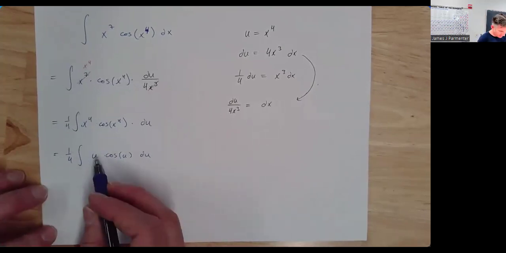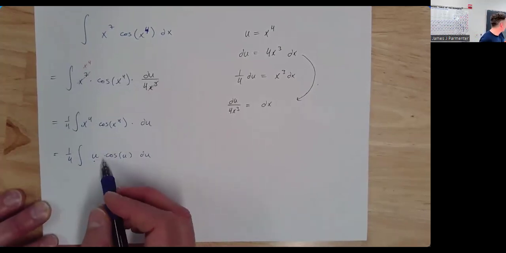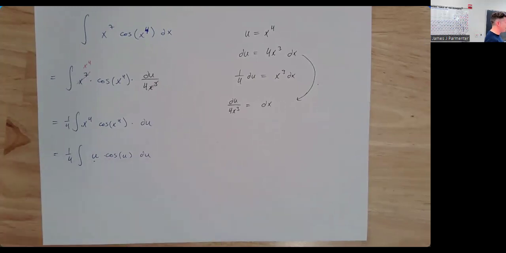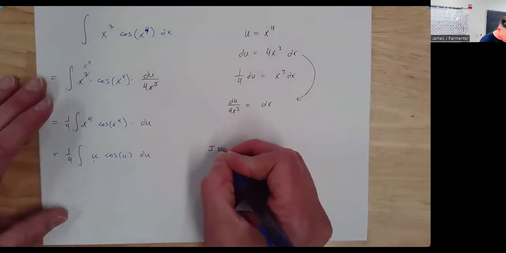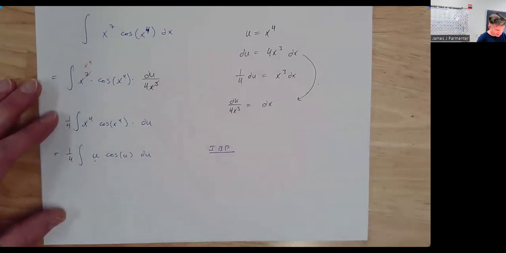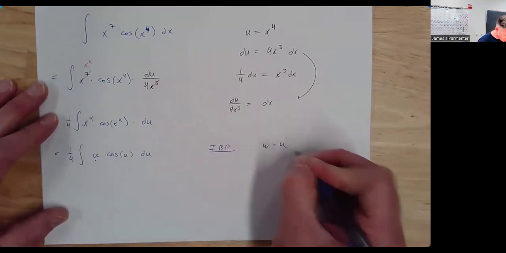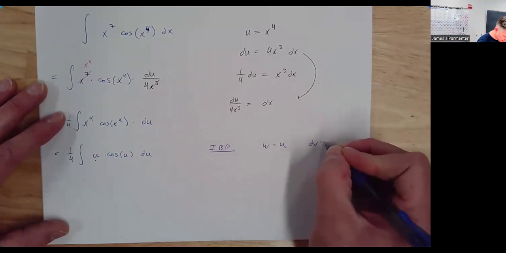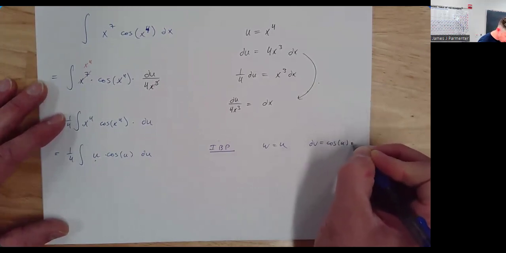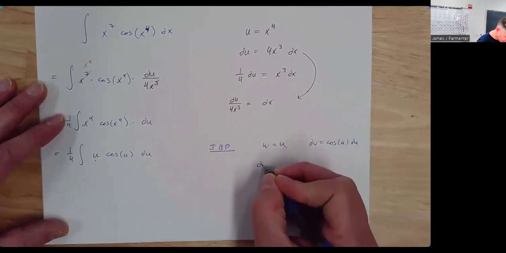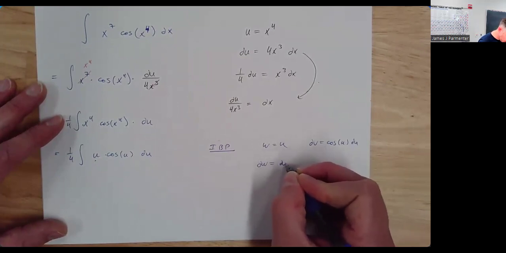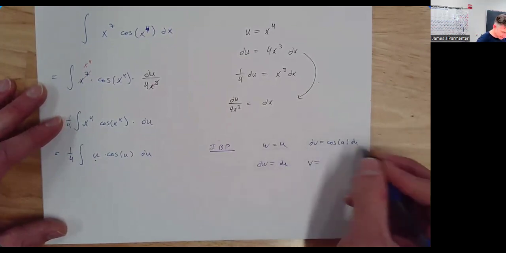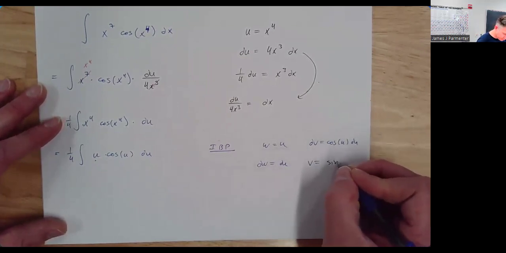So we're going to finish this off, since I used up my u already. I guess I'll do my integration by parts with letting w equal u and dv equal cosine of u du. And then my dw is 1 times du. And my v is the antiderivative of cosine of u, which is sine of u.